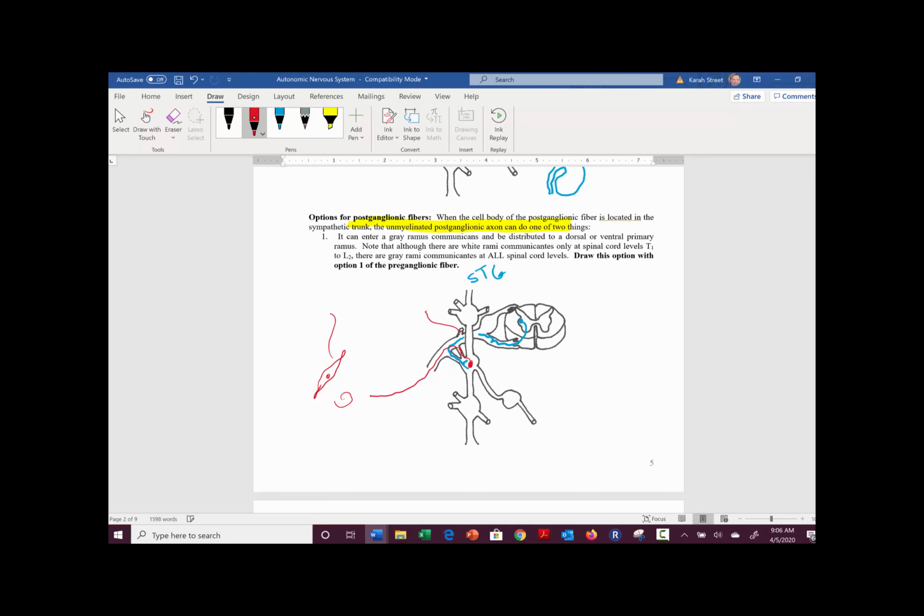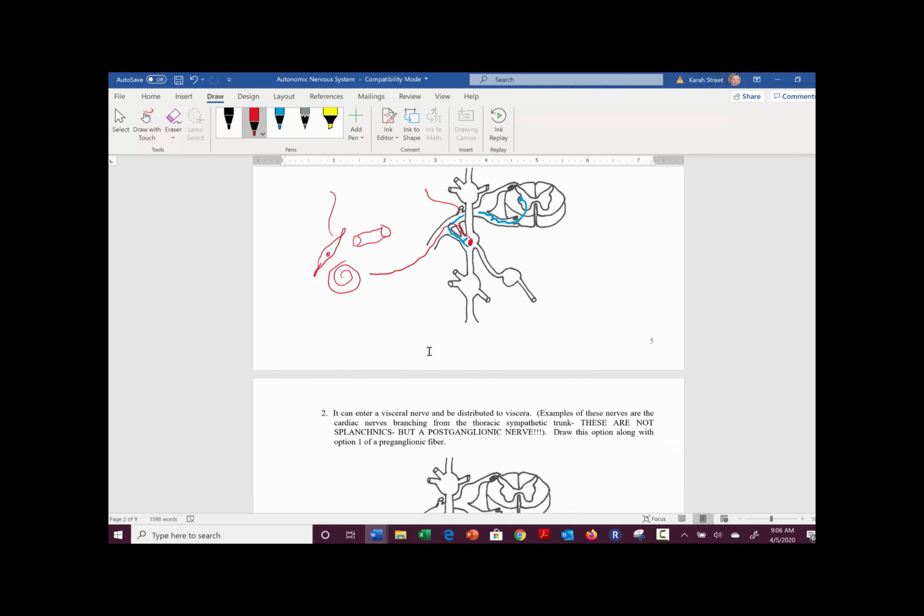It could be targeting sweat glands in your skin. It could be targeting smooth muscle in blood vessels in the dermis of your skin. So it's basically going to pretty superficial involuntary effectors, and you have those same effectors on your back. So if we were trying to target them on the back, the postganglionic fiber would go through a dorsal primary ramus. All right, so that's one option for the postganglionic fiber.